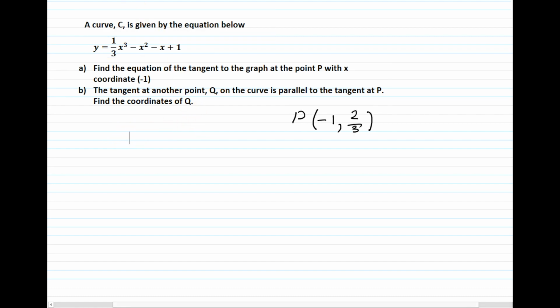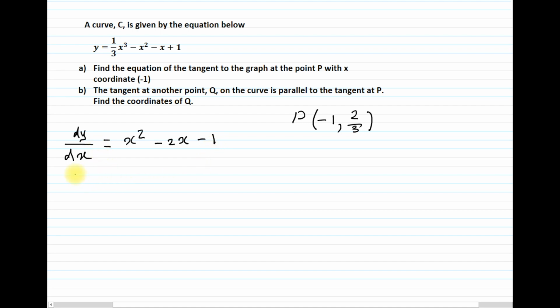Right, so we have the coordinates of the point P, and now we need to find the gradient. The gradient is given by differentiating the equation for our graph. So we have dy/dx equal to the derivative of 1/3 of x cubed, which would be x squared, because it's 3 times 1/3 times x squared, then minus 2x, and then we have a -1.